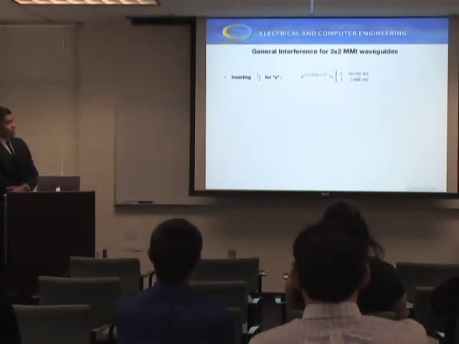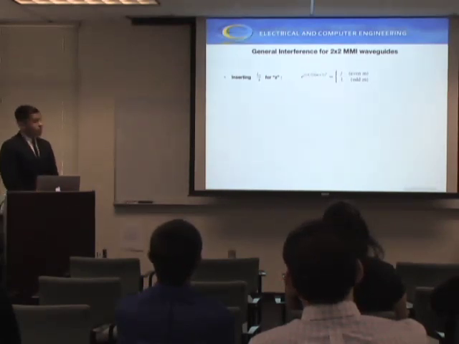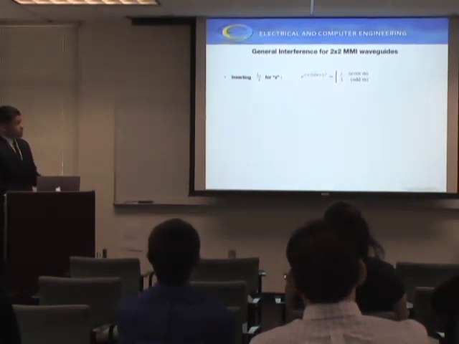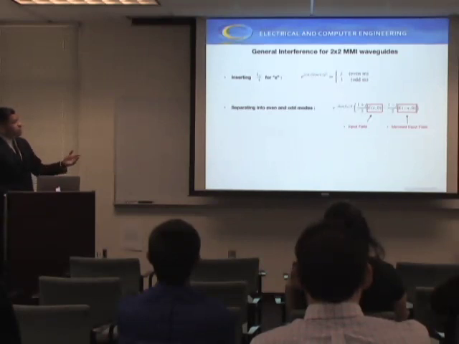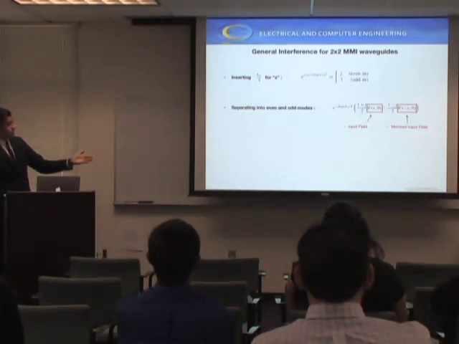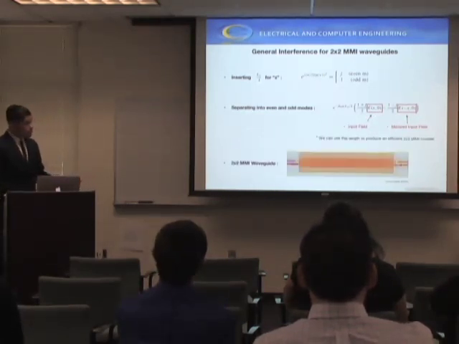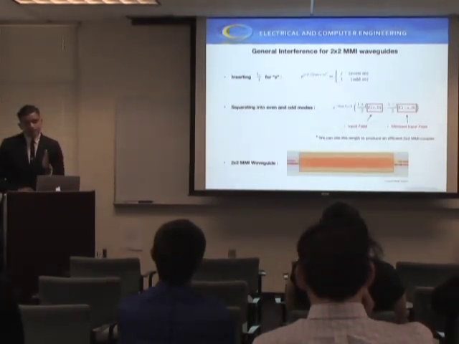So if we insert 1/4 of this self-imaging distance, here we see that our modal excitation factor is equal to Jn1, and then we can separate these into the even and odd modes, giving us our input field here and a mirrored image of the input field. So it's not actually just cutting a light beam in half.